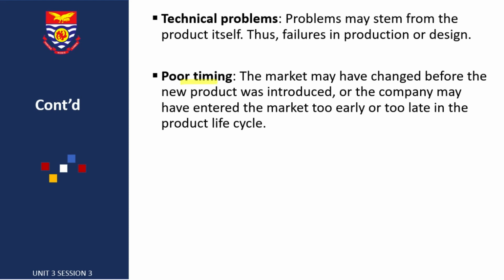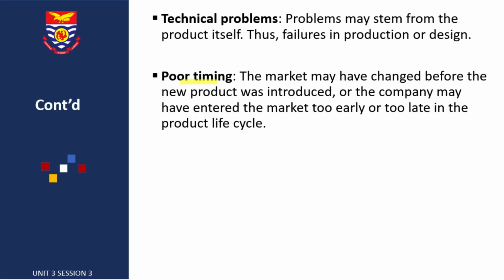Poor timing. The market may have changed before the new product was introduced, or the company may have entered the market too early or too late in the product life cycle. A firm can introduce a product at the right place, with the right price, but at the wrong timing, like during the winter, and you say you are going to sell easy wears that can allow people to walk freely anyhow.